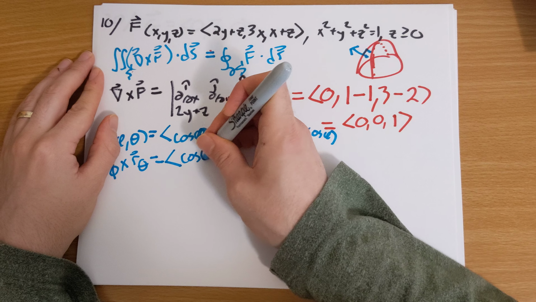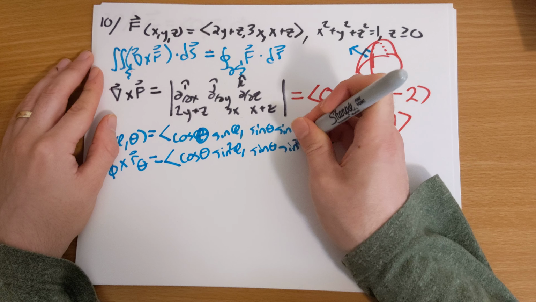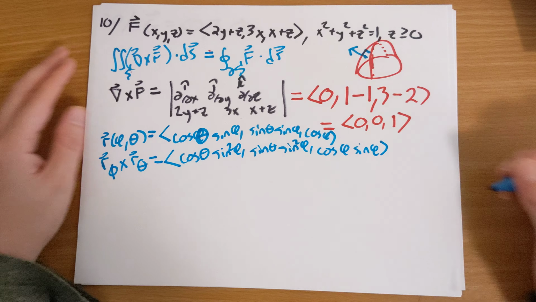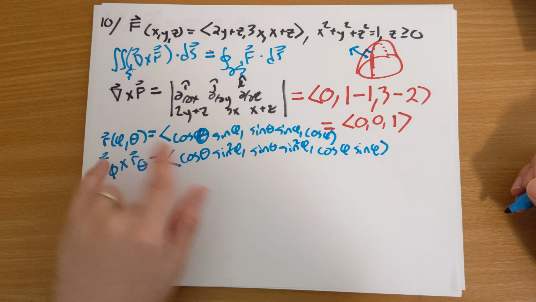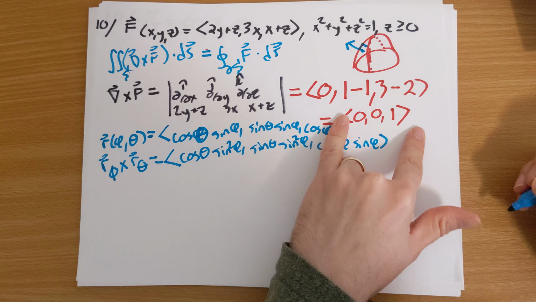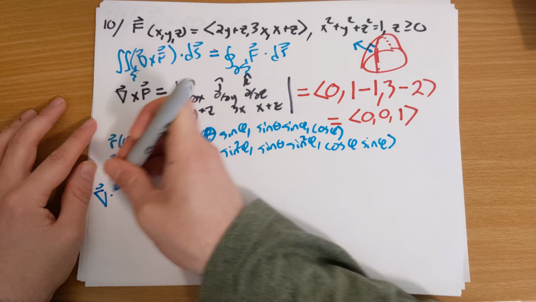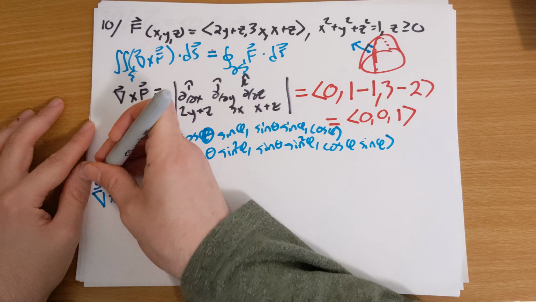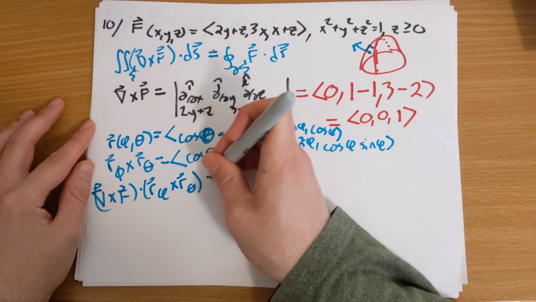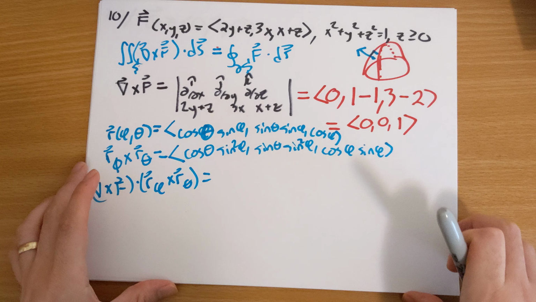So cosine theta sine squared phi, sine theta sine squared phi, cosine phi sine phi. We have to substitute our parameterization into the integrand for the left side, but this is just a constant integrand, so that doesn't change anything. So now we have the curl of f dot this normal vector, which will give us 0 plus 0 plus cosine phi sine phi.